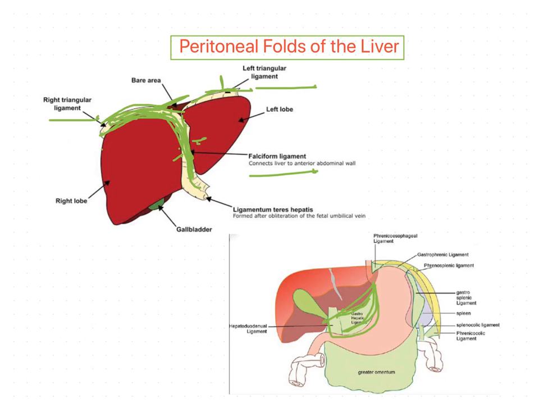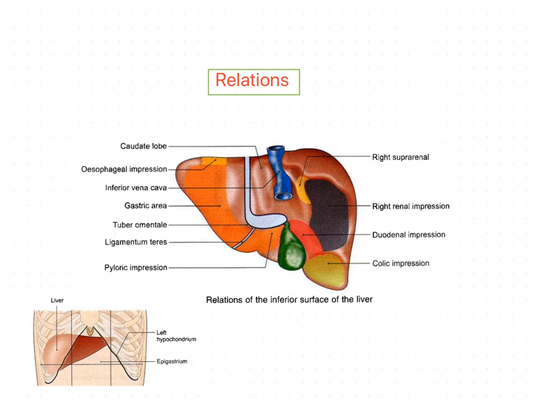Okay. Next, we will move on to the relations. The superior surface is related to the diaphragm. So this is the superior surface related to the diaphragm. And the anterior right lateral surface. If you can see the right lateral surface, it is also related to the diaphragm.